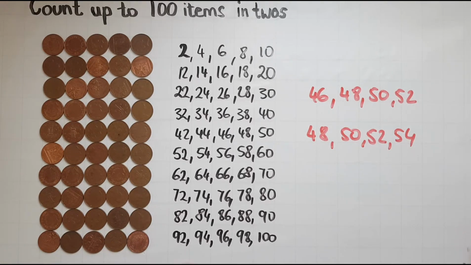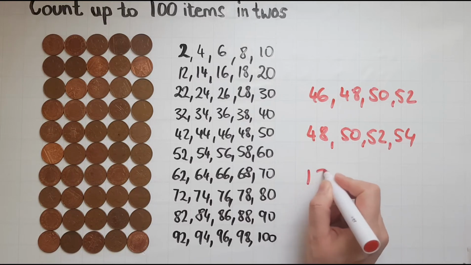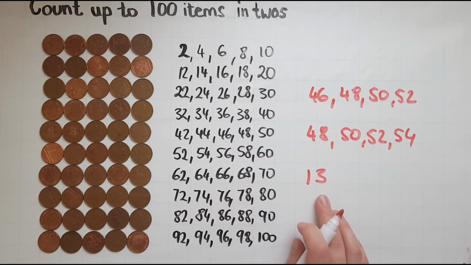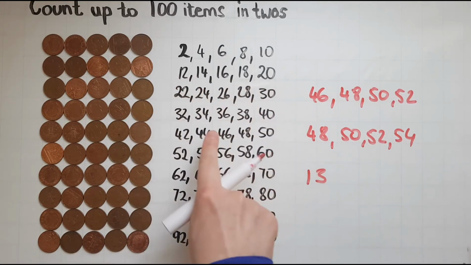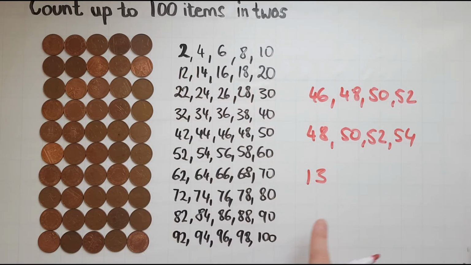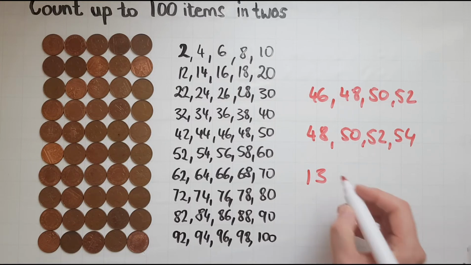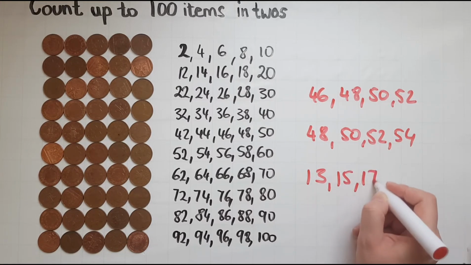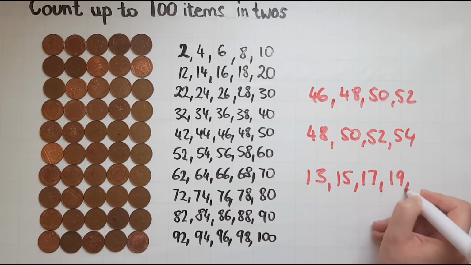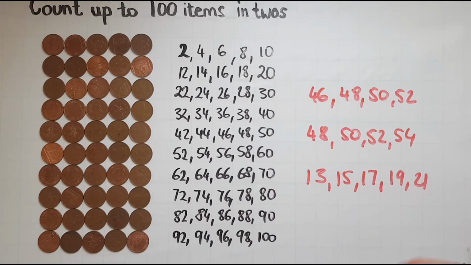Another question you might see is maybe being given 13. So that is not in this sequence, that's missing, but you've got to count on in twos from that point. So 13, you leave 14 out and you go to 15. 16 is out, then 17, 19, 21, and so on.